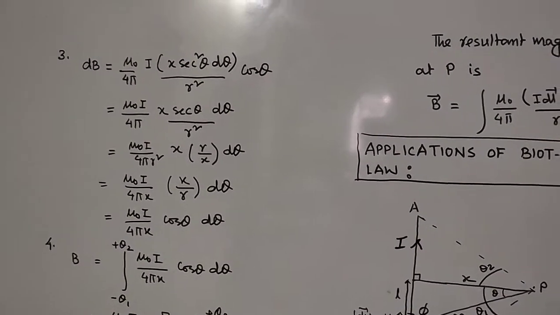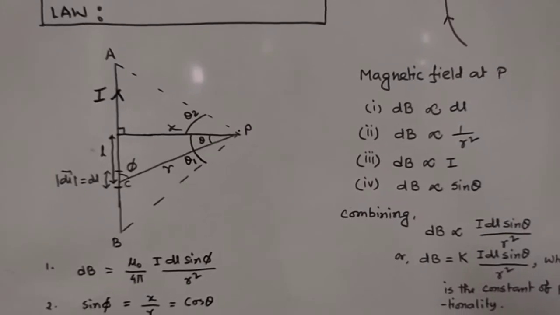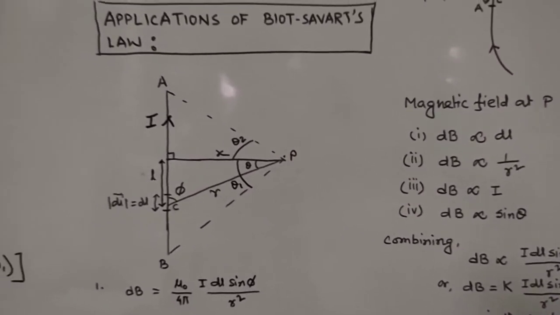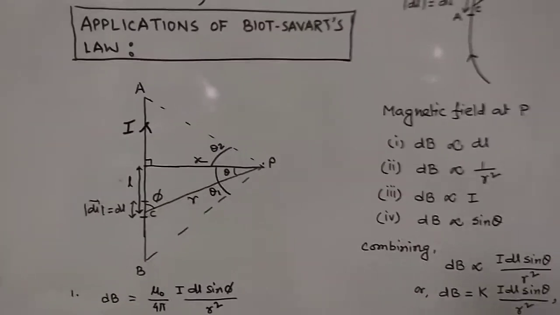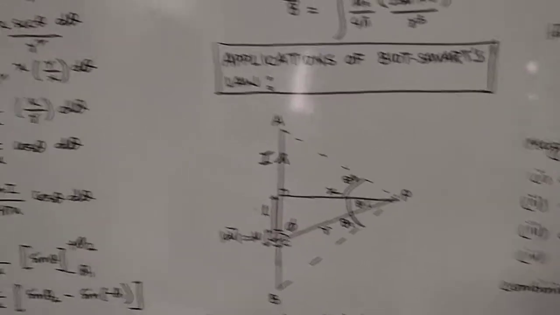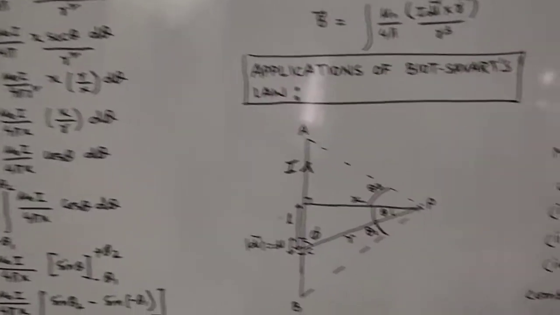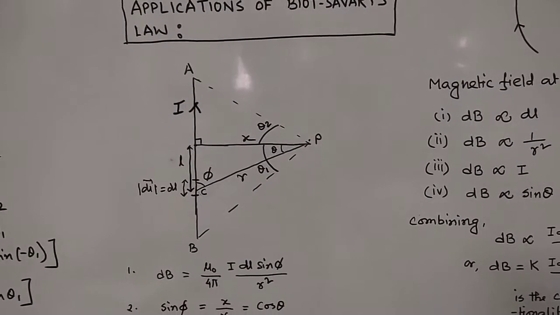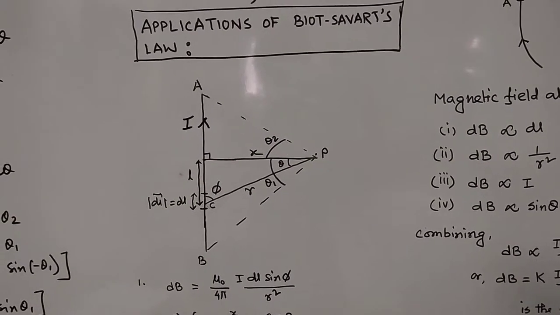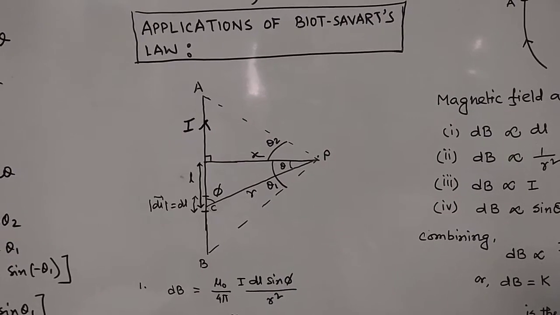Now this is your magnetic field at P due to the small section of the current carrying wire, that is your dl, which we have defined by dB. Now if you have to go for the whole length of the wire, you have to integrate by considering the angle made by theta 1 and theta 2.